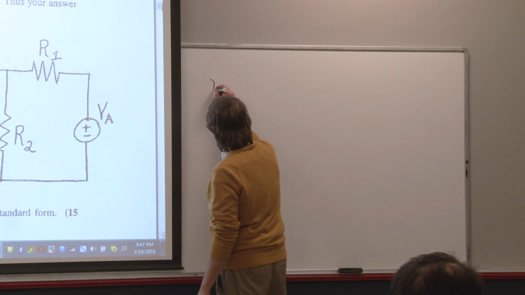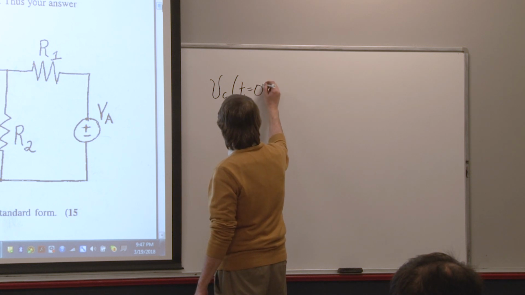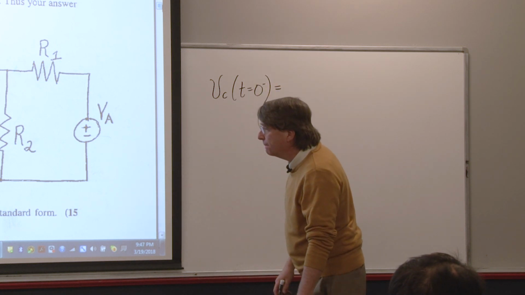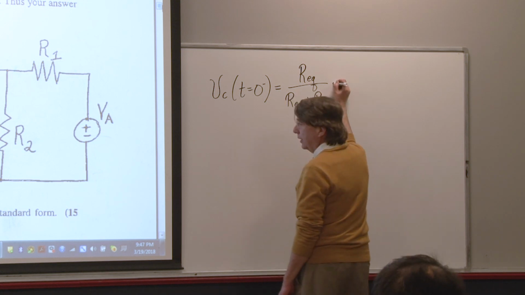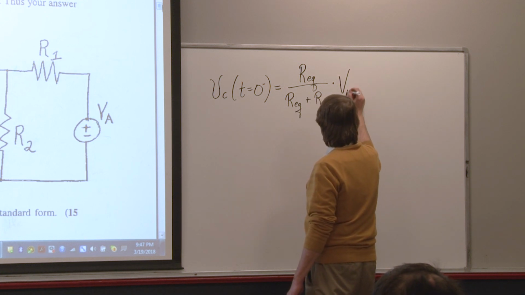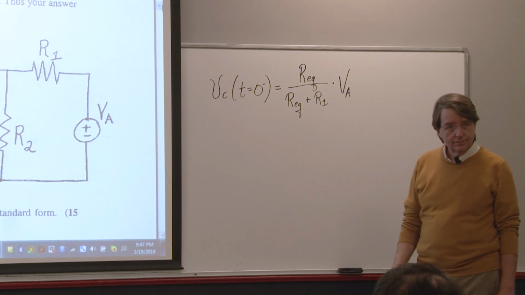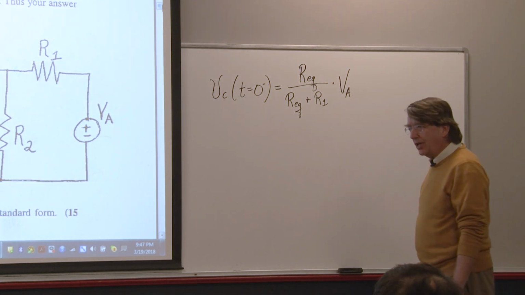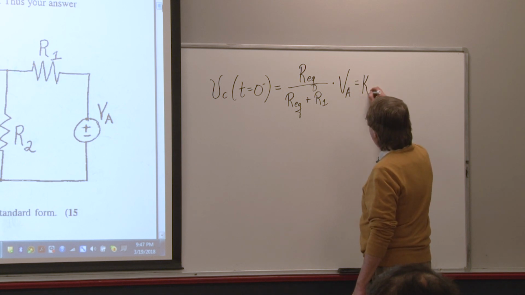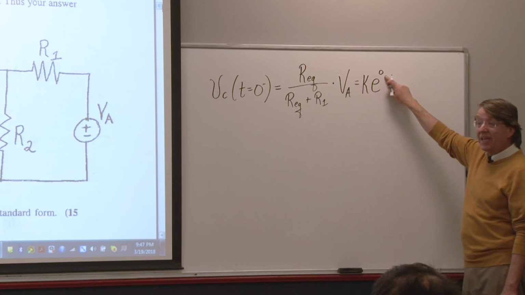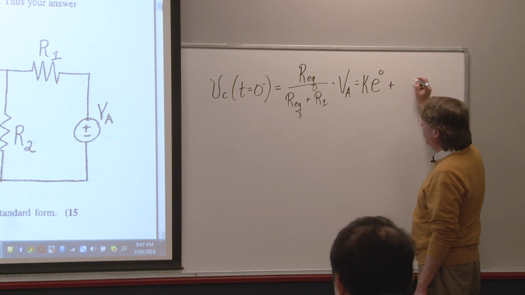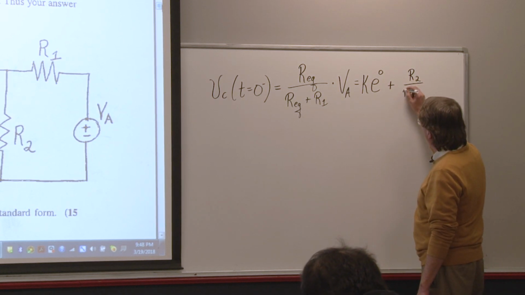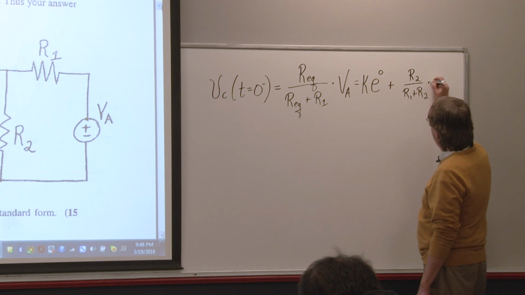And we get that V sub C at t equal 0 minus equals REQ over REQ plus R1 times VA. Now this equals K e to the minus t over tau, but what's t? 0. All right, plus, I need someone's help. Was that R2 over R1 plus R2? Did I get that right? Times VA.